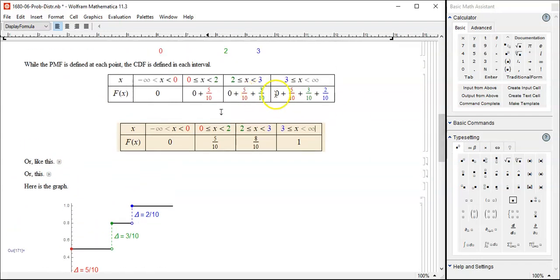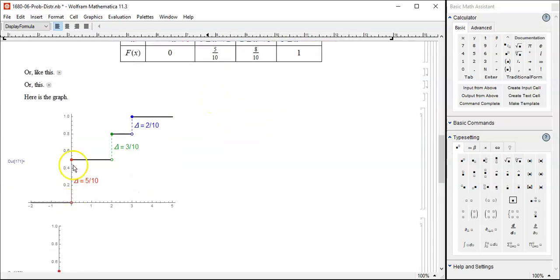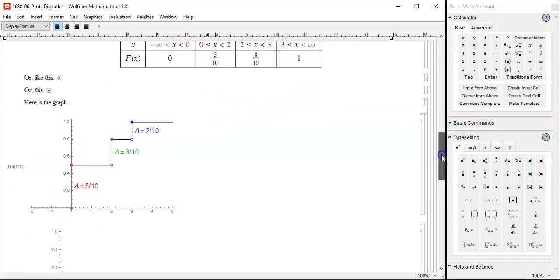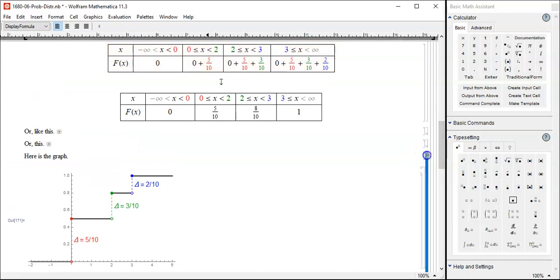Here, if you subtract this from that, what do you get? You get this blue. So that's the jump. If you subtract this from that, what do you get? You get this green, and that's this jump here. If you subtract 0 from this, what do you get? You get this red, and that's this jump here. You can easily see the connection between one and the other.